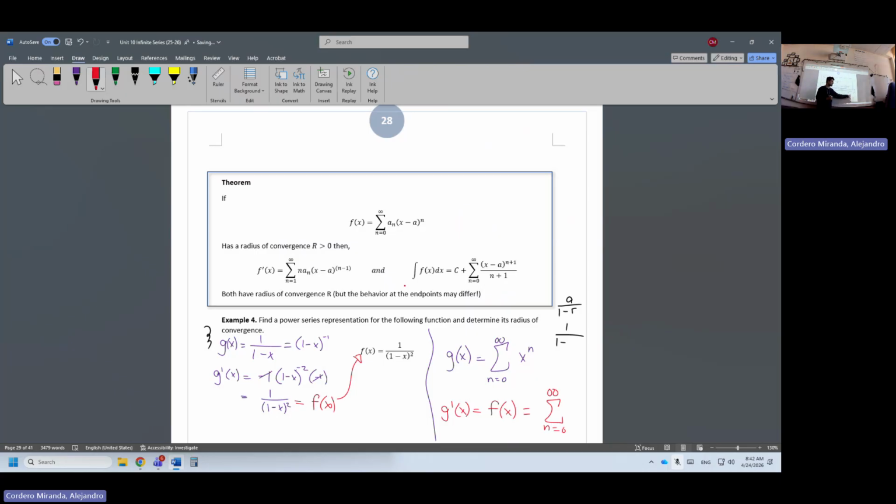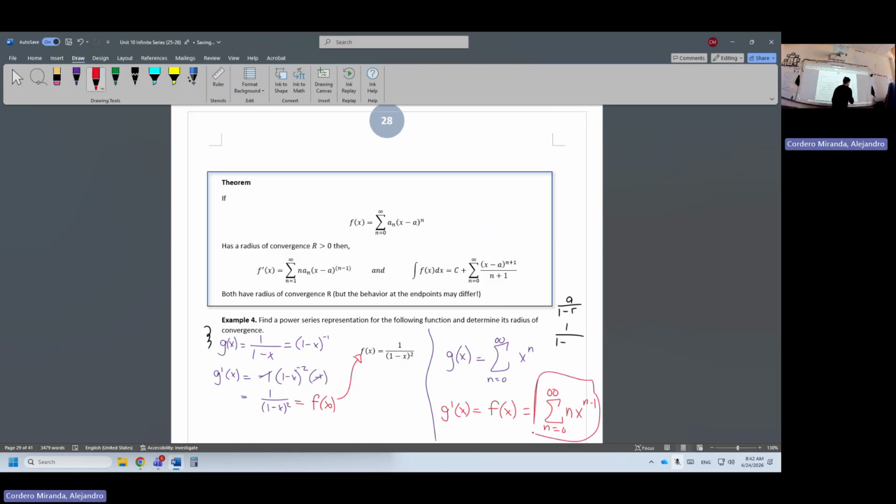Just take the derivative of this. You bring the power down and subtract 1 from it. You would get n times x to the n minus 1. And there you go. There's the power series representation for that one.